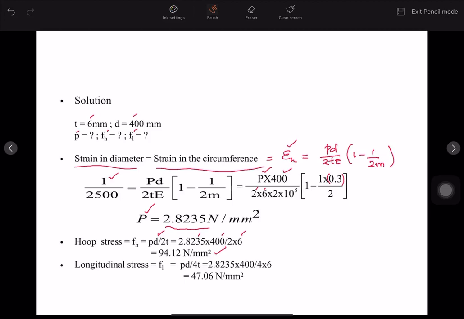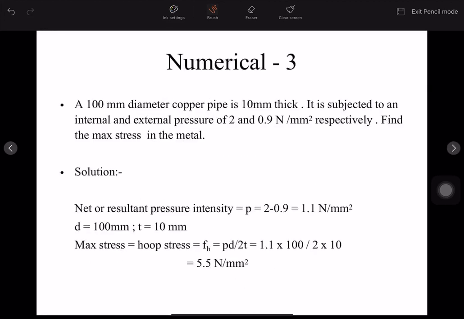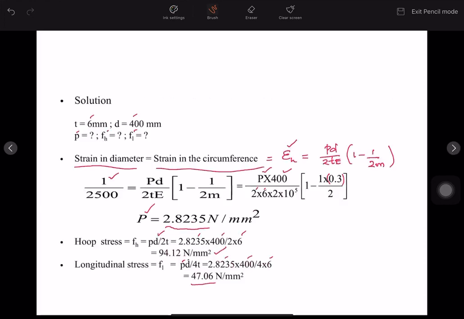Again, longitudinal stress FL equals PD by 4T, and you'll get a value of 47.06 Newton per mm square. So we have solved each and everything here, right? This is one solution, this is another, and this is the third one.